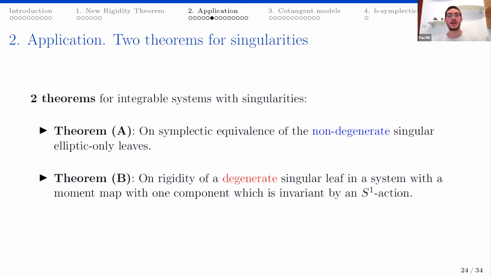It says that on systems which have a special kind of degenerate singular leaves, which have a component that is invariant by an S1 action, you can apply our previous theorem to prove rigidity of this degenerate singular leaf, which is more interesting because for degenerate singularities we don't have the general theory and general classification that we have for non-degenerate singularities.